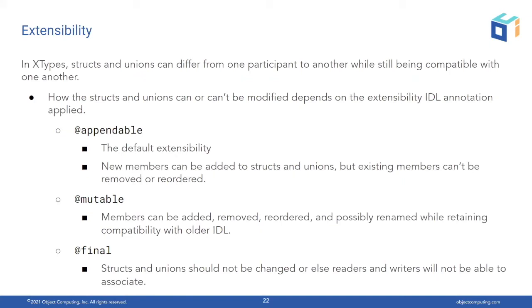And final, I did not cover, but it forces you to keep that IDL the same, and that can be useful in situations where you want to communicate with non-XTypes DDS, or if you want to really enforce that from a schema perspective.